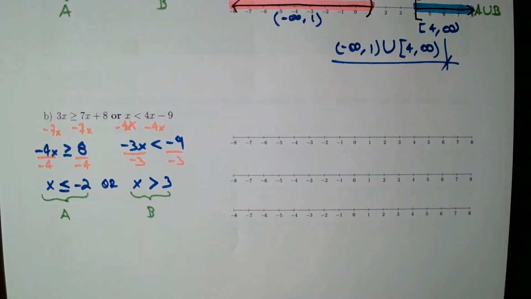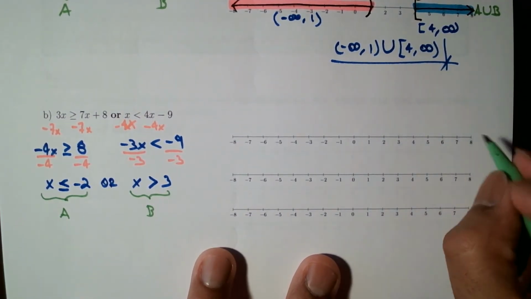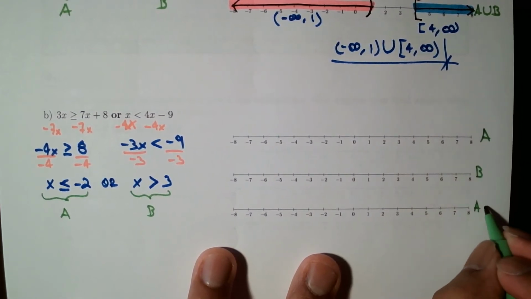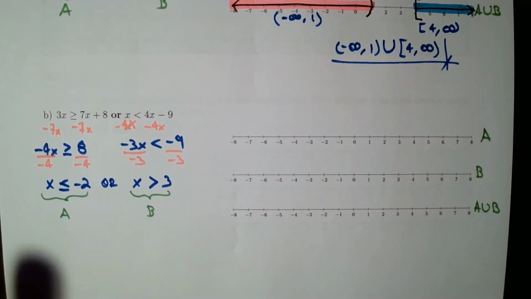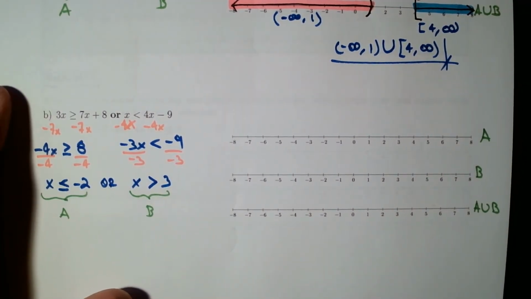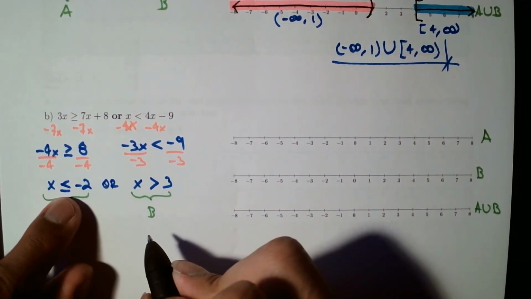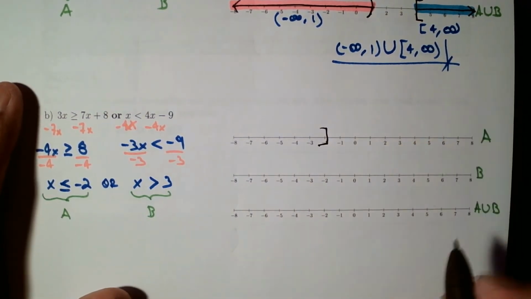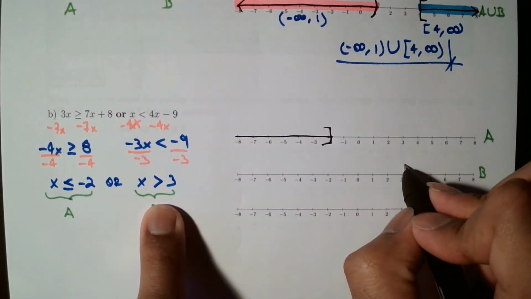All right, so I'm going to have set A over here, set B over there, and on the third one, the union of both. All right, so A, all the numbers to the left of and equal to negative 2, and x greater than 3.